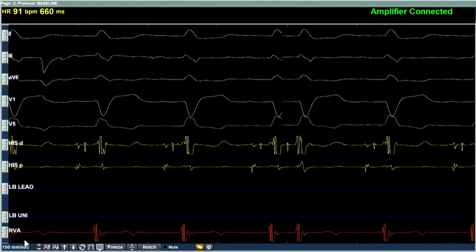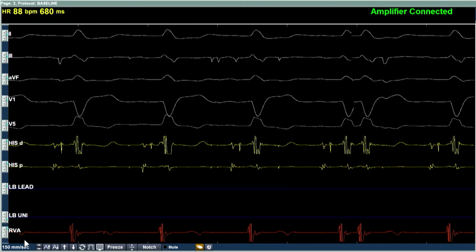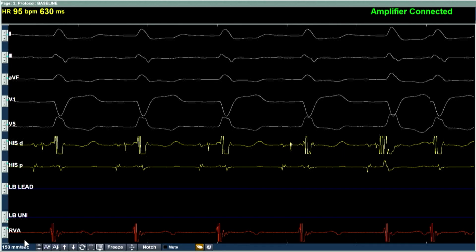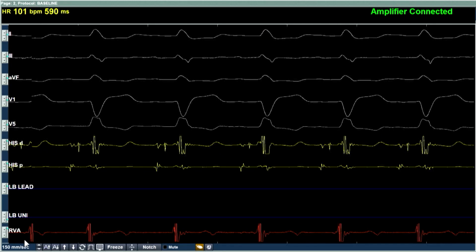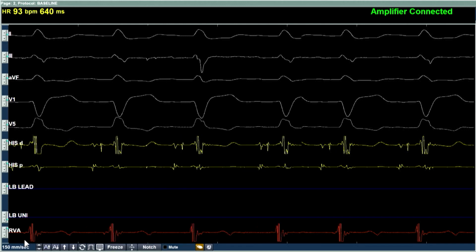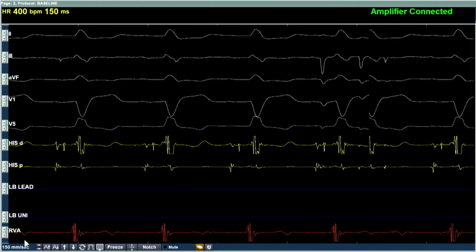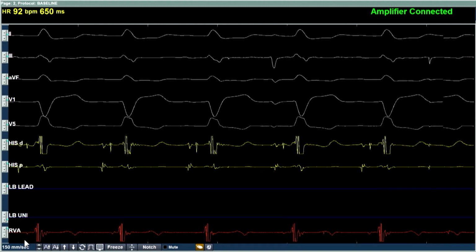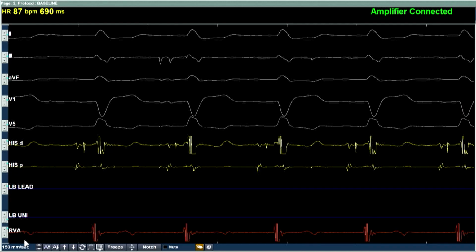Now, as Dr. Shanmusundaram is moving the catheter distally, you can see that it has lost the A and it's predominantly His and V. That's how electrically we decide that it's at the distal level of the His bundle. A should become very, very minuscule, and it will be His and V. So this delineation is very important to know the distal extent.